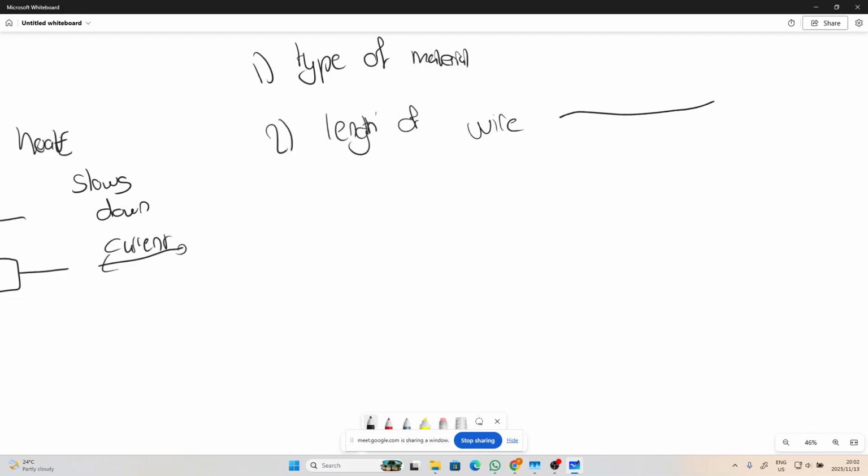Logically speaking, because there's more distance to travel, there's more resistance. Number three, the thickness. Think of a highway. If you have a 1 lane highway, it's going to get traffic very quickly. If you have a 4 lane, maybe 5 lane highway, it's better flowing. The cars move much quicker there. So a thicker material is better. Number four, the temperature.